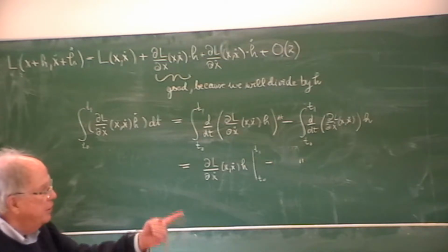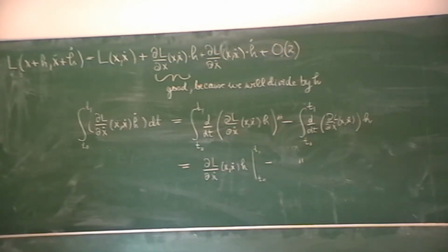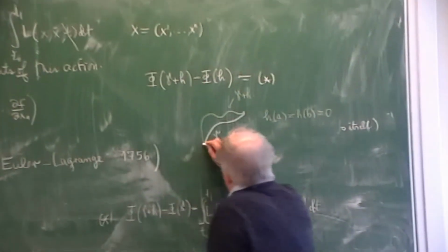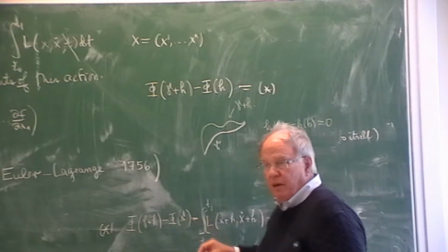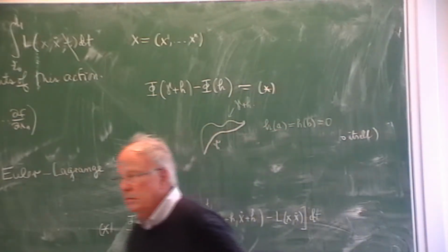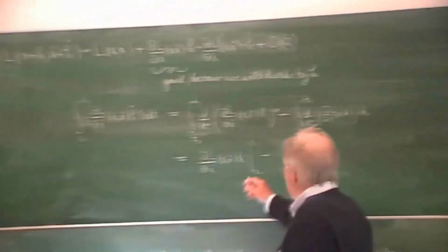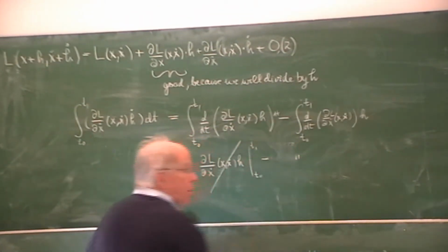But this perturbation, I drew you a picture of it over there. Our perturbation by h is 0 at the boundary points. So this evaluation at the boundary points, h is 0.